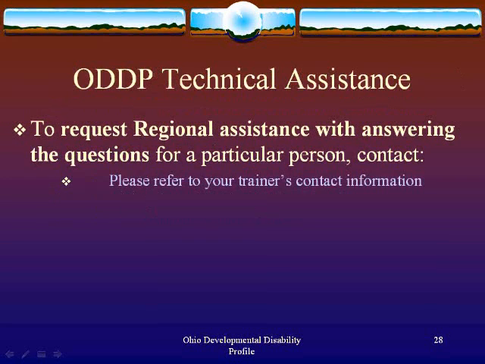You can also contact your regional trainer, the person who you are going to be conducting the face-to-face with and going over the case studies. Those people, as part of the train the trainer, have agreed that they will be a resource for assisting people in answering questions, and they will also be providing the training to you, so you'll have another person out there, possibly in your county or in your region, that might be able to assist you.